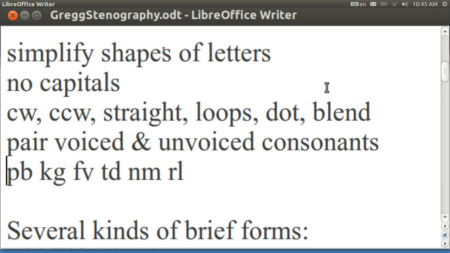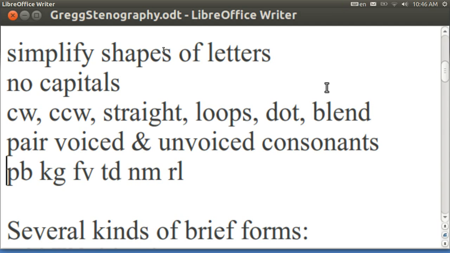You'd get the exact same sound, spear. There are things called voiced and unvoiced consonants that the linguists talk about. We don't talk about them in everyday conversation, but P and B, K and G, F and V, T and D, and to a certain extent N and M, R and L, they are very, very related sounds.